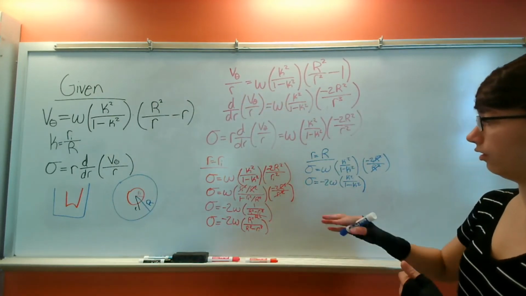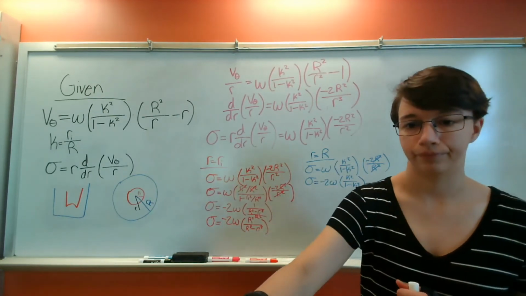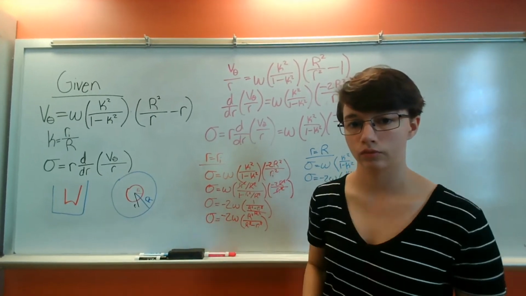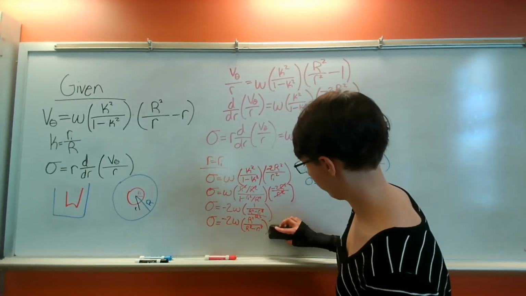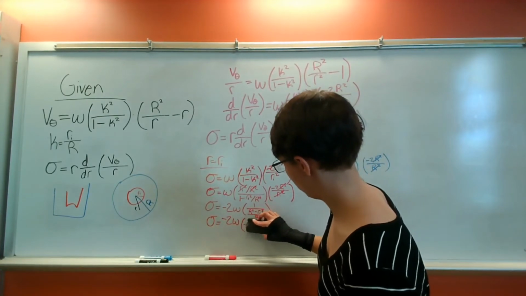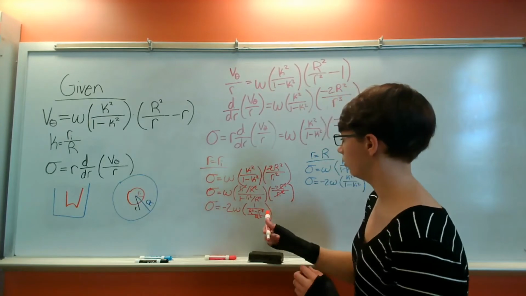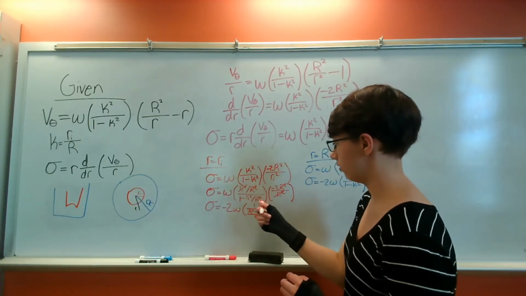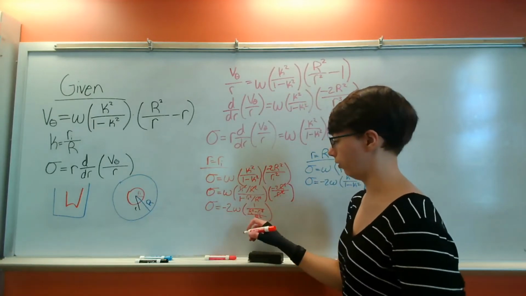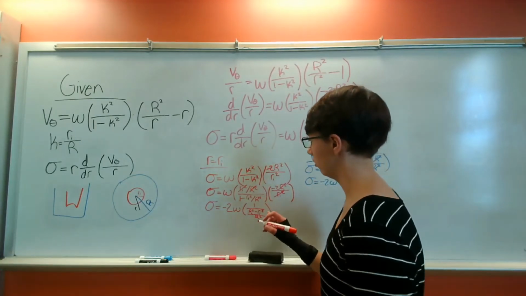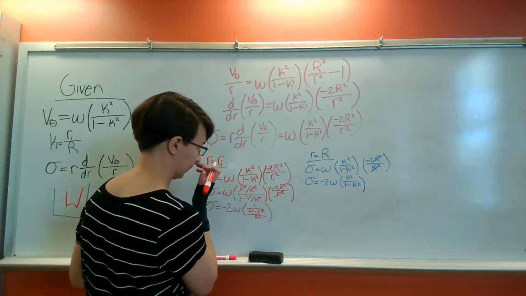And so that is the shear rate at each of the two cylinders. I just realized we can simplify this one a little bit further. If we ignore that last step that I did, we'll notice that this is just 1 over 1 minus k squared, because we didn't do anything with that denominator.